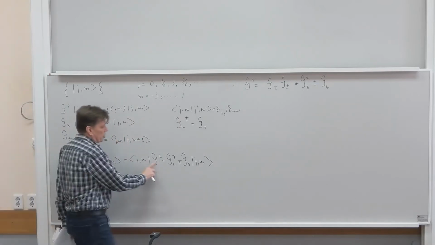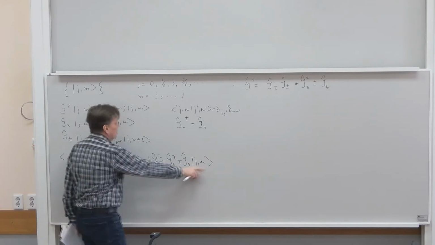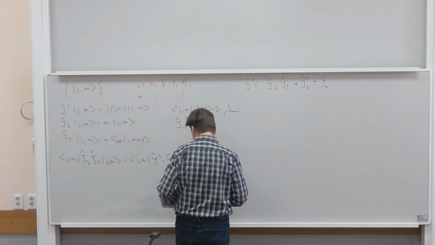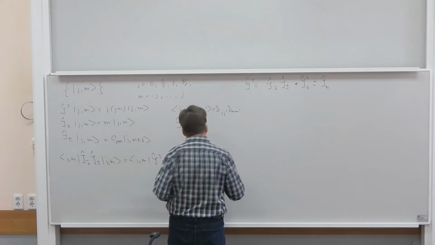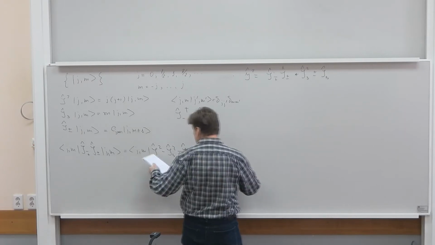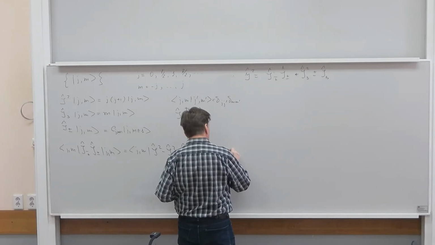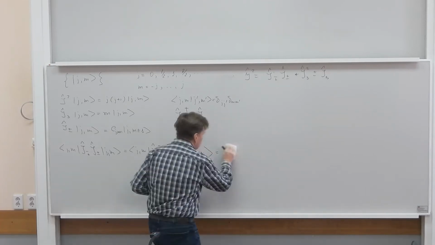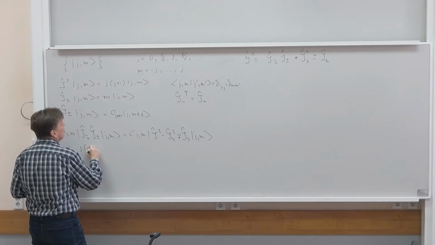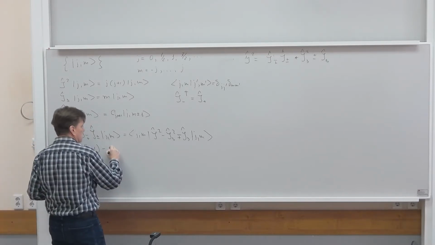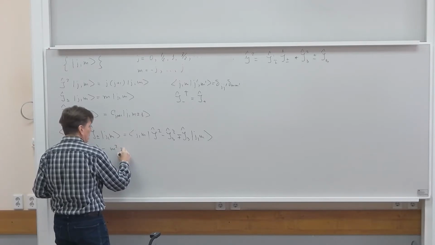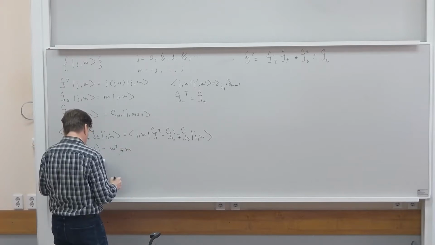Now applying the operators J squared and J3 on the ket vector |j,m⟩, which is an eigenvector according to the definition, we get immediately j(j+1) minus m squared ∓ m.